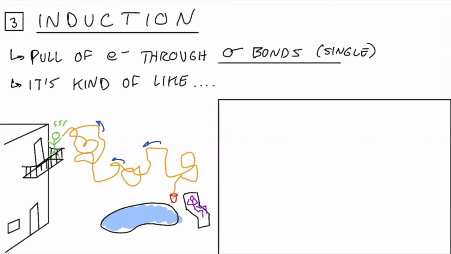You're pulling electrons through these sigma bonds at a distance. The straw is like the sigma bonds, and you are pulling the electrons, or delicious iced tea, to you through the sigma bonds.